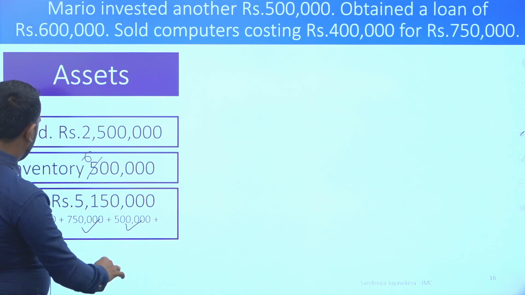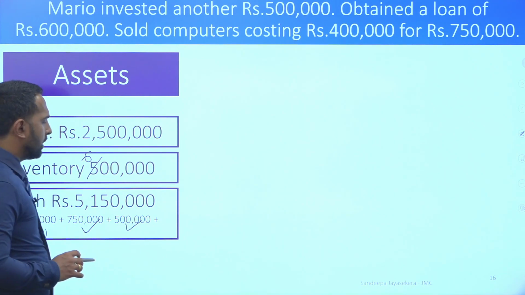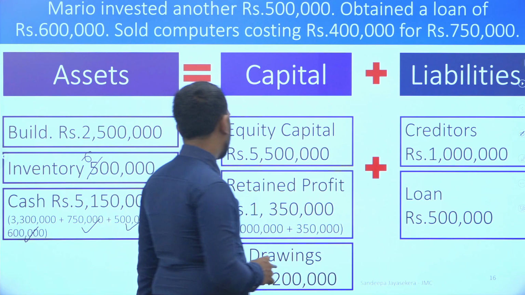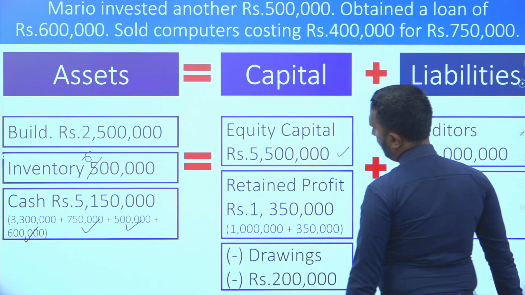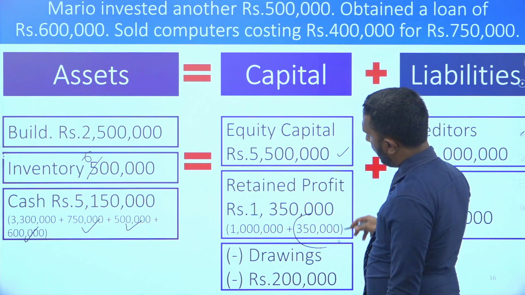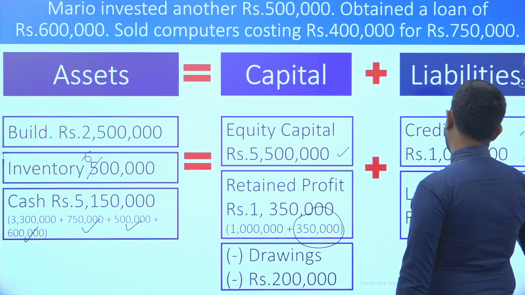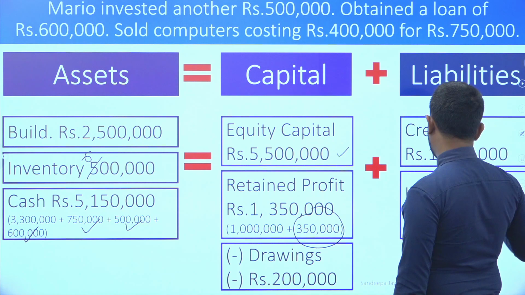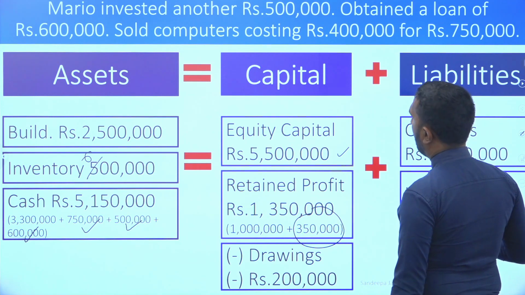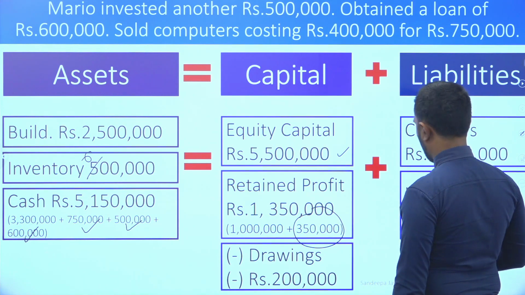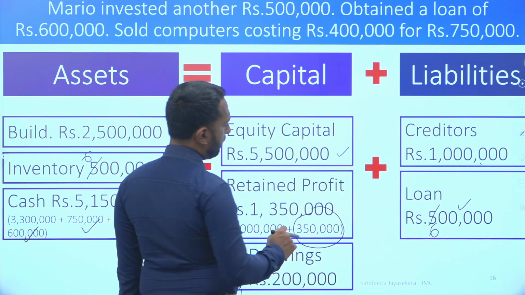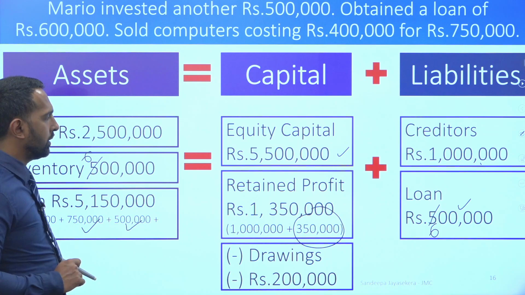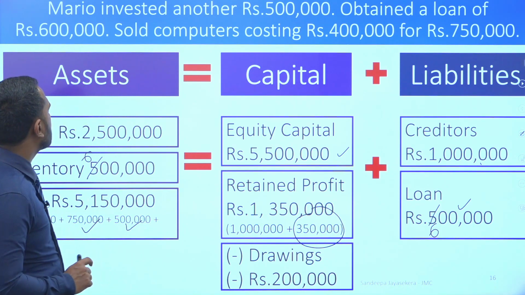Loan taken 600,000. And the equity capital, the external capital invested. Retained profit there are 350,000. And apart from the creditors, we have a loan balance of 600,000. ඒ amounts දෙකක් වෙනස් වෙලා තිබුණා. Right, please correct it in my answer. It should be 600,000. You have taken a loan of 600,000.